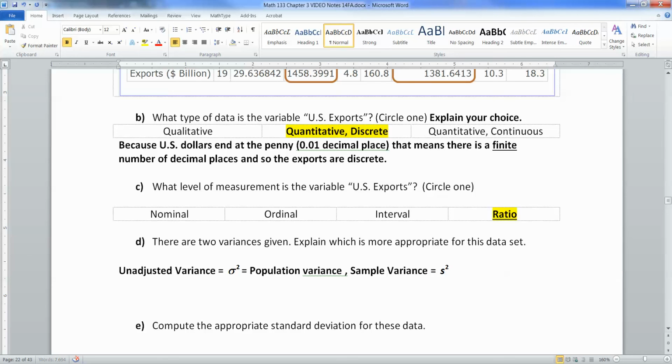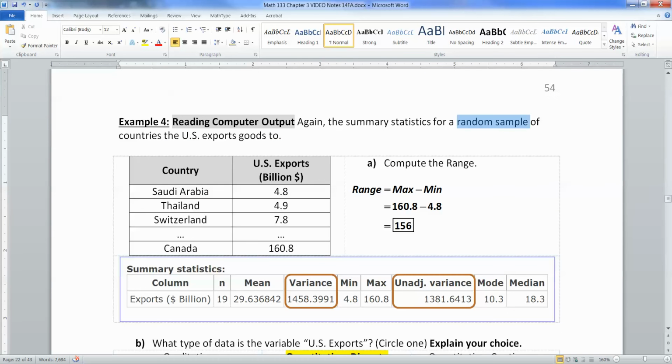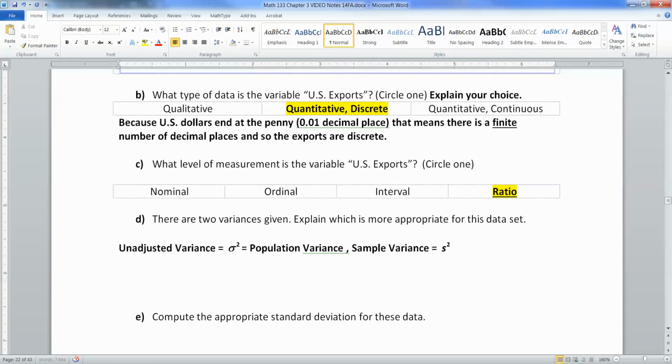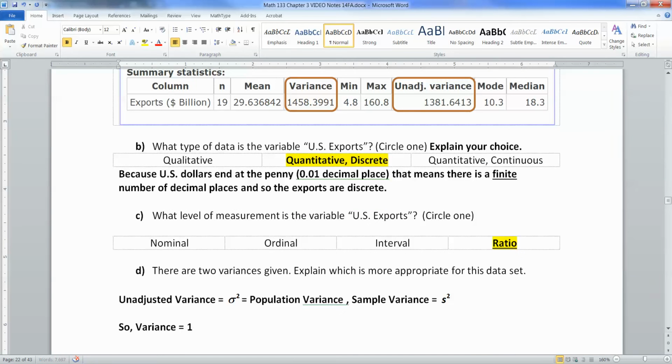Okay. Now, which one's more appropriate for our data set? Well, our data set was a sample. See how it says up here it's a sample? So the variance, which is, what was it, 1458.3991, is the better measure for our data set measurement of spread, because our data set was a sample, not a population, right?